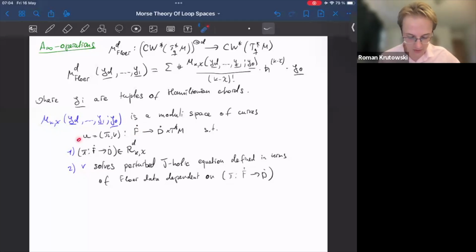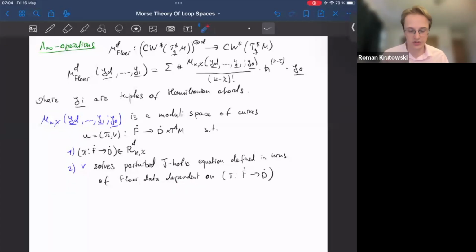So these can be written as (pi, v), just using these coordinates. Pi should be an element of our moduli space, and v should solve a perturbed J-holomorphic equation defined in terms of certain Floer data, which depends on this moduli space. So basically, we introduce domain-dependent Floer data on this whole Hurwitz type moduli space.